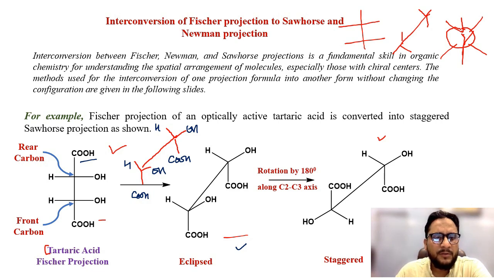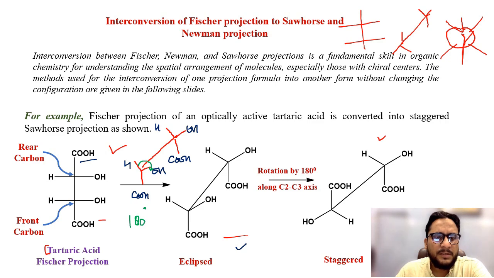Once this form is written, what we have to do is rotate this front carbon by 180 degrees, meaning we turn it upside down, rotation about the C2-C3 axis by 180 degrees.